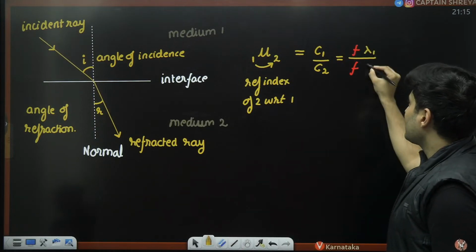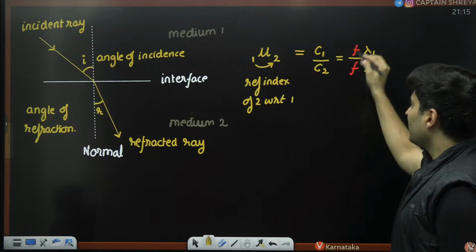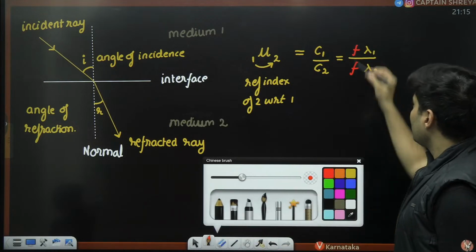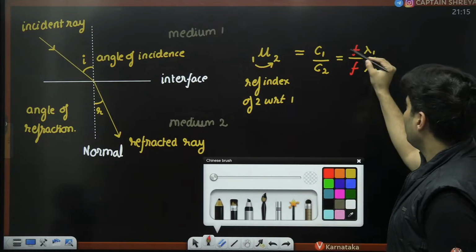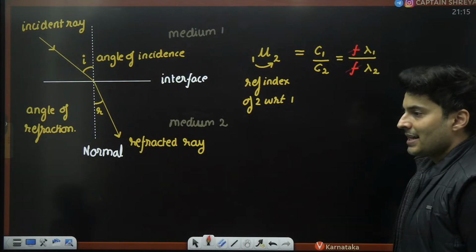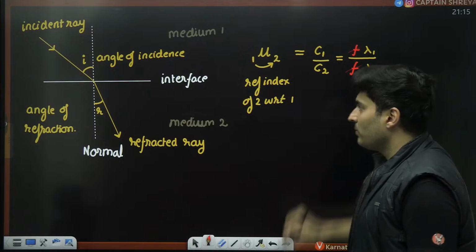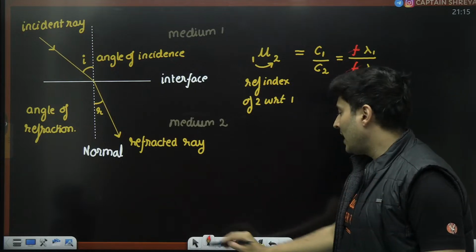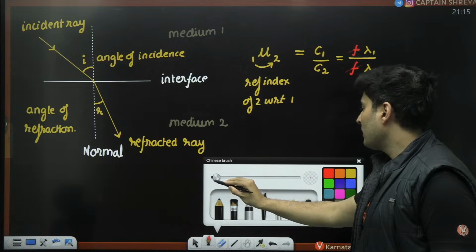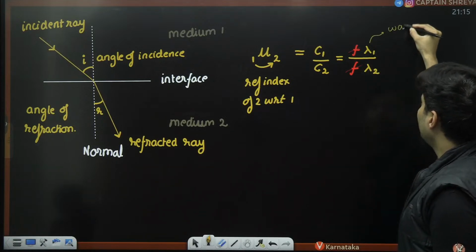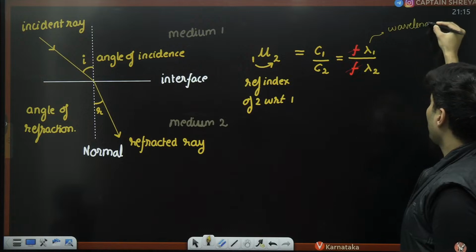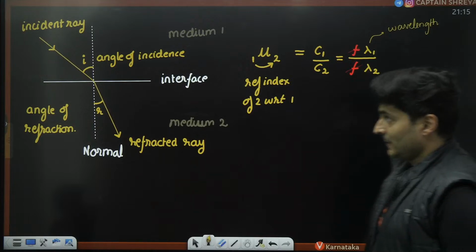Can you now clearly see the frequency definitely gets cancelled off? So it is lambda 1 by lambda 2, where lambdas are nothing but the wavelengths of that particular light.